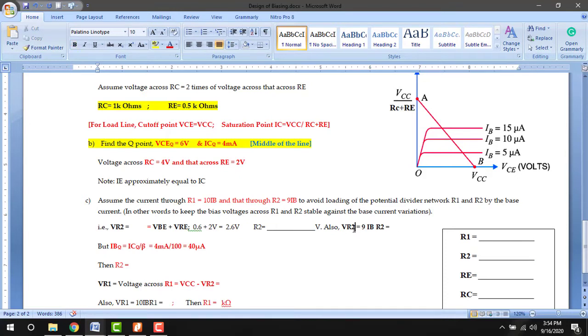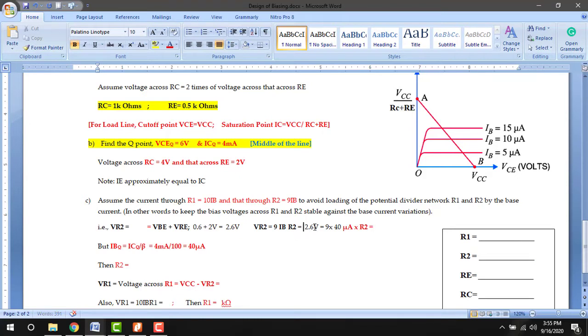So the voltage drop across R2, 2.6 volt, is equal to 9 times the IB value we calculated, 40 microamps, in the calculator 40 times 10 power minus 6, into R2.